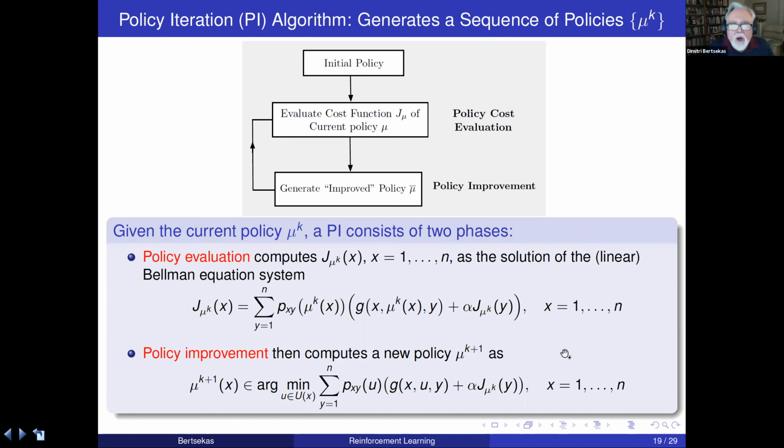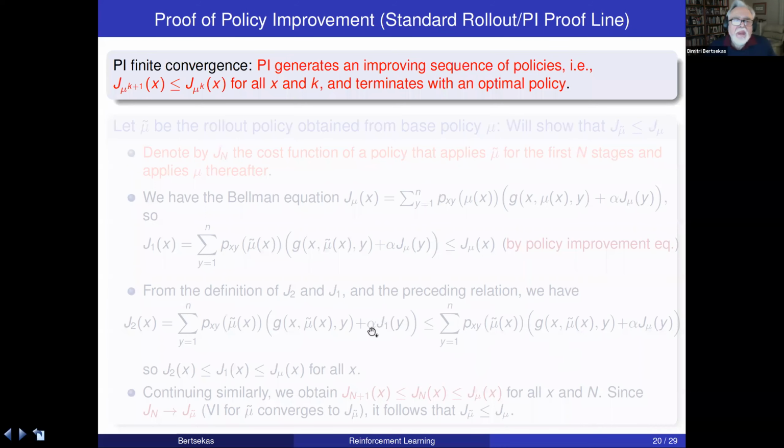How does it work? Well, here's the theorem. The exact form of policy iteration generates an improving sequence of policies. In other words, every new policy is better than the preceding policy uniformly for all states, and also the sequence terminates with an optimal policy.